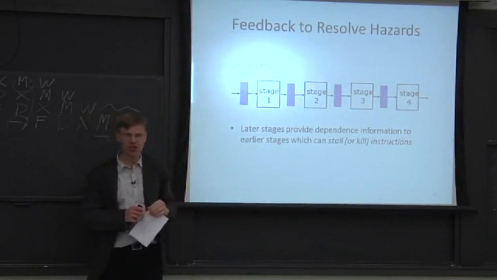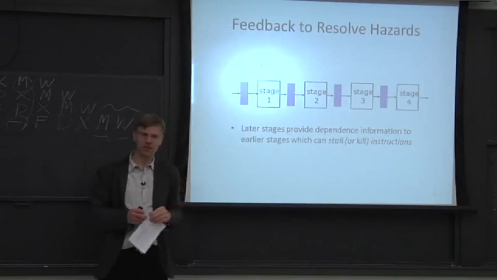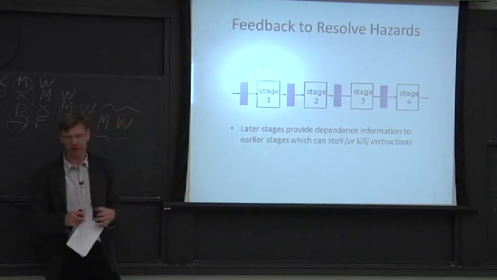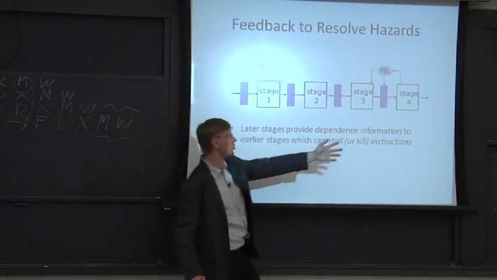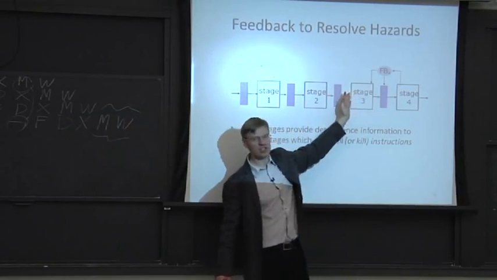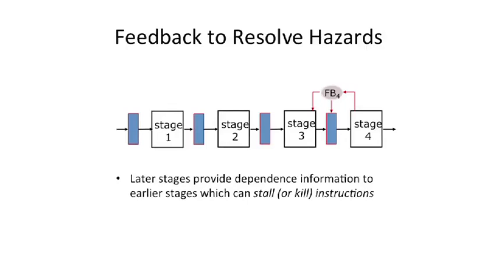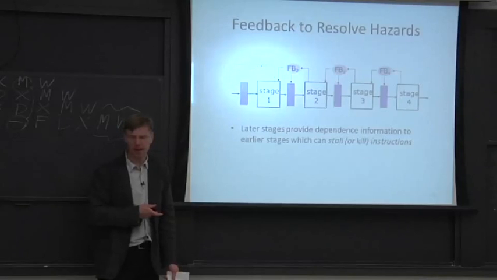Depending on that information, we're either going to stall or kill instructions. The most basic example is we're going to have stage 4 influence stage 3, and stage 3 can make some decision based on that and maybe stall or kill instructions. Likewise, stage 3 will influence stage 2, and stage 2 will influence stage 1.